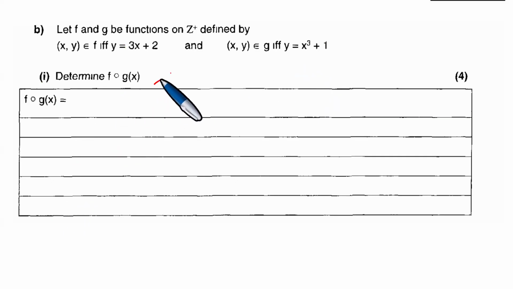Determine the composition of the functions there.